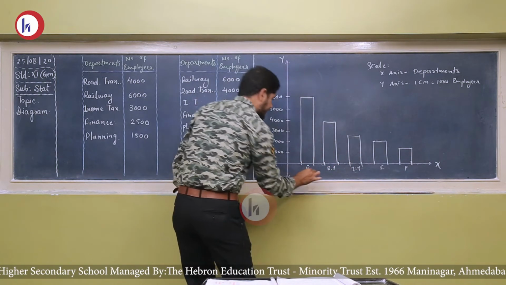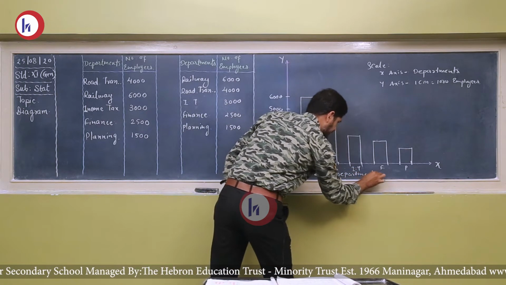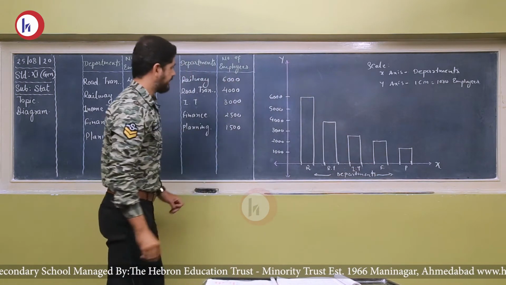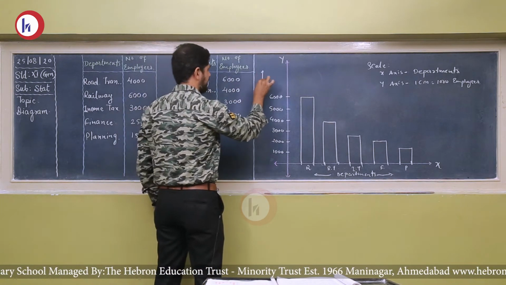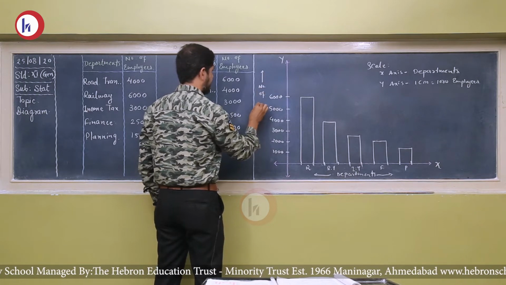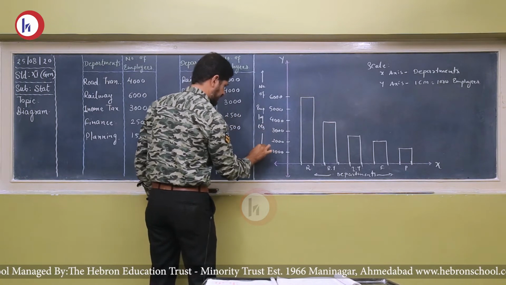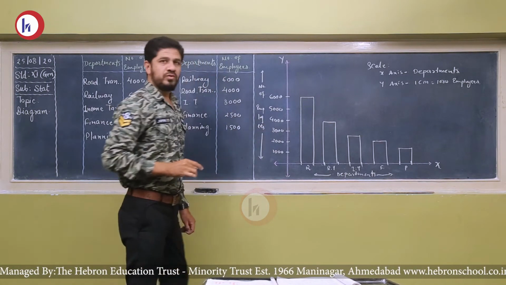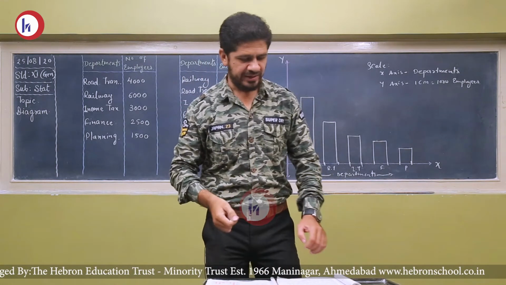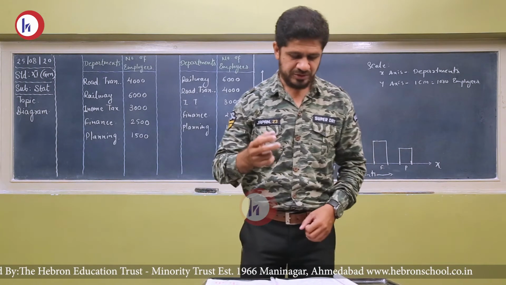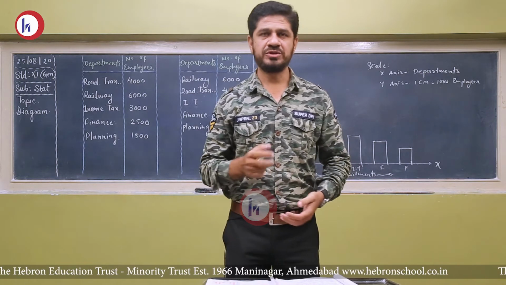Okay. Let's fill the data. On the x-axis there are departments, on the y-axis there is the number of employees. What is remaining? The title. Yesterday I taught you how to write the title. You can use the data that is given in the question. Now let's come to the next one.